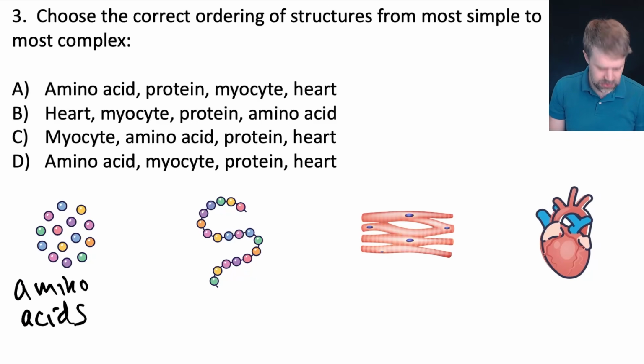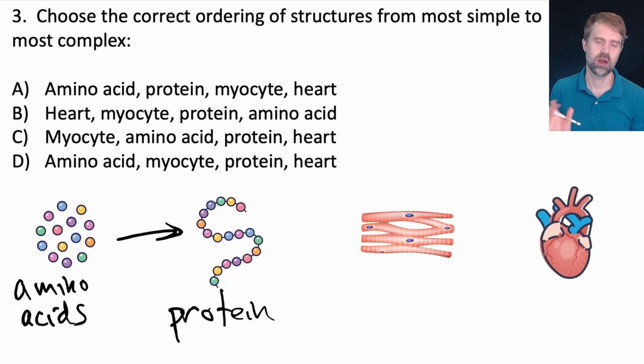Amino acids are little molecules that, when they're put together, form a protein. This is super important to know. Proteins are made of amino acids. And that means that amino acids are simpler than proteins.